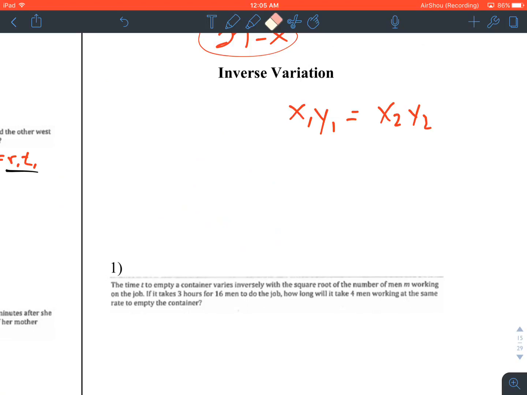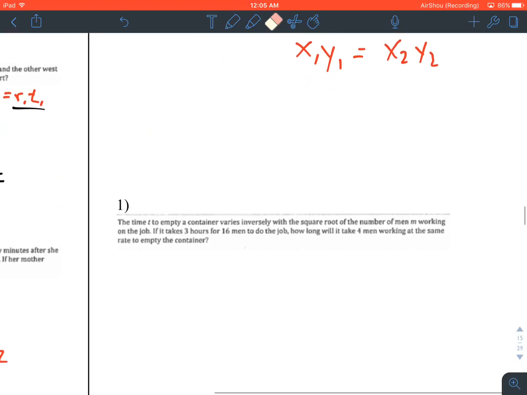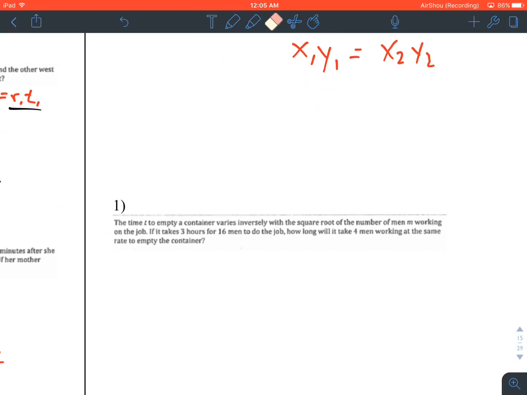In inverse variation, you multiply them together. Let's see how this works. By the way, distance problems are indirect or inverse variation, because if you're going a set distance, the faster you drive, as that number gets bigger, the smaller your time is. Or if the time gets bigger, that means that your driving rate has to get smaller. So that's an example of an inverse variation.